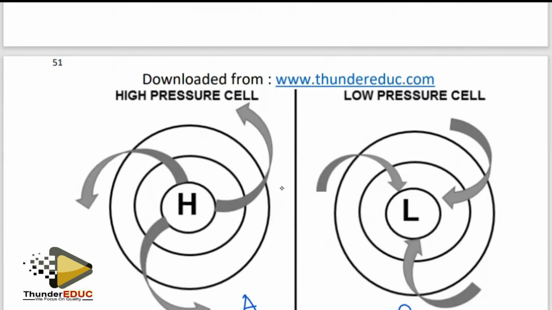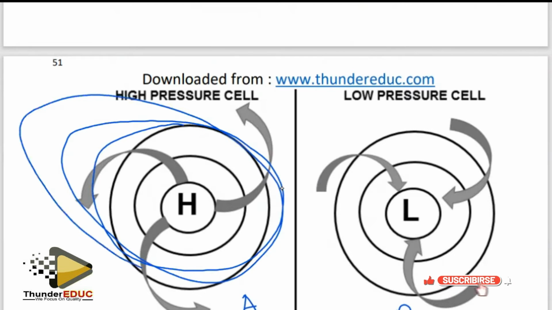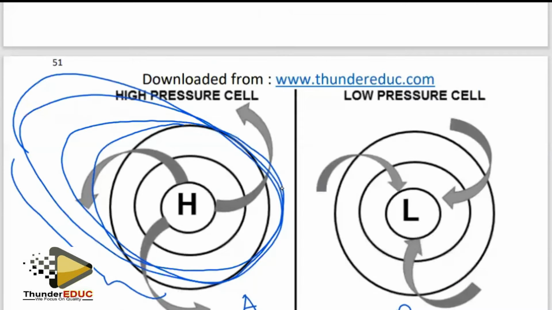So what they mean? Something like this is happening. You see isobars extending away. You see, so it means this is elongation. So this part here, you can see what we refer to as ridging.